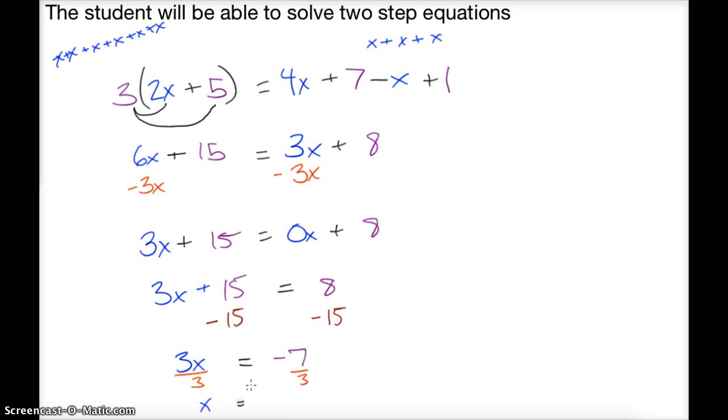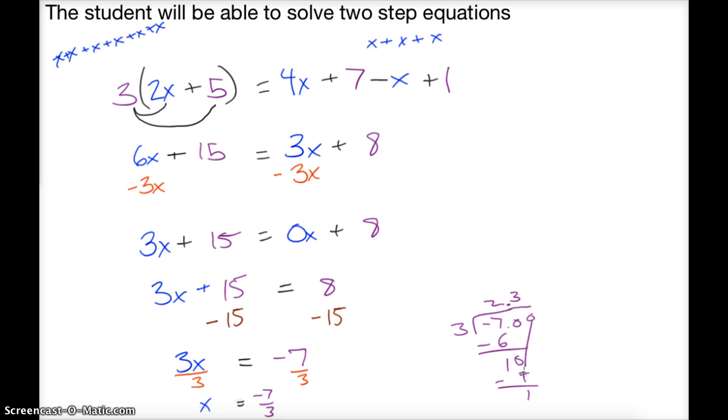And this is a fraction. I can do a few things with this. I can do -7/3, or I'll probably keep it as a fraction. If I was asked to put it into a decimal, I would just do -7 divided by 3, and then I would divide completely. 3 goes into 7 twice, -6, and that gives me 1. 3 goes into 10 3 times, -9, that gives me 1.